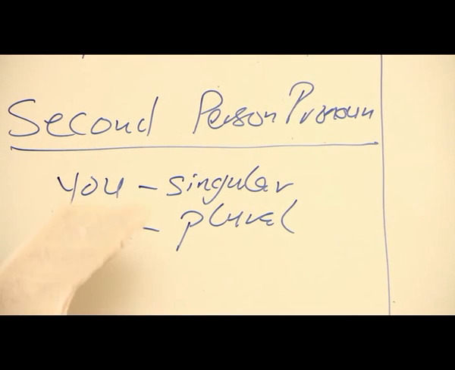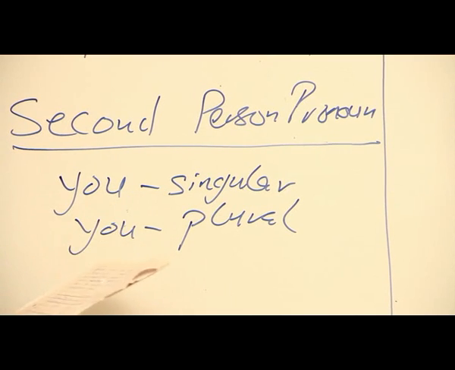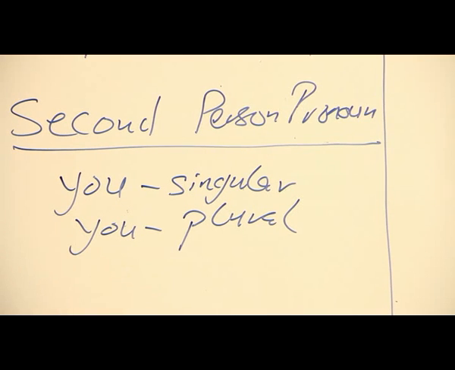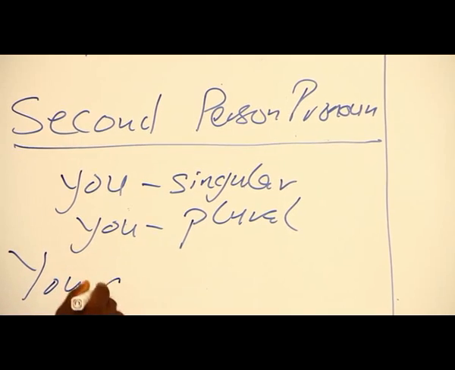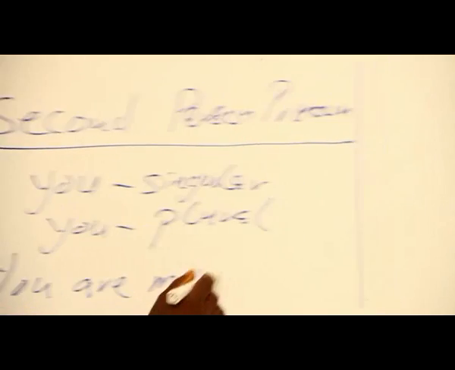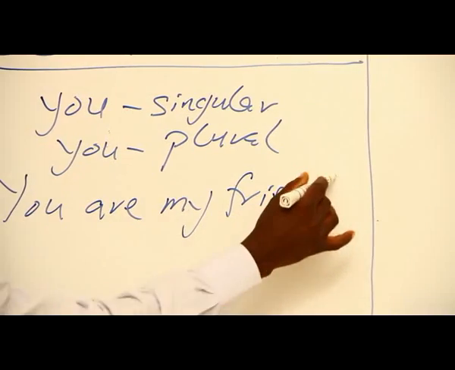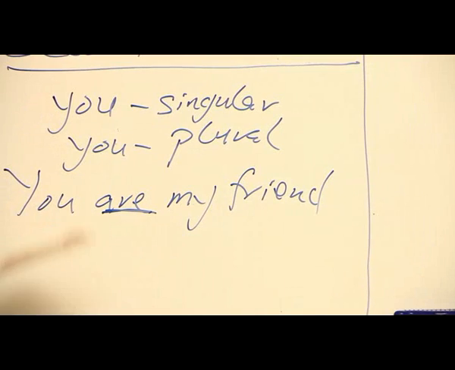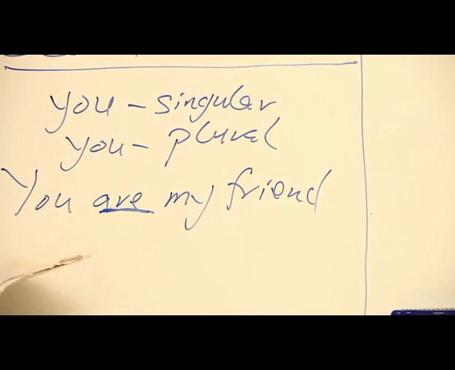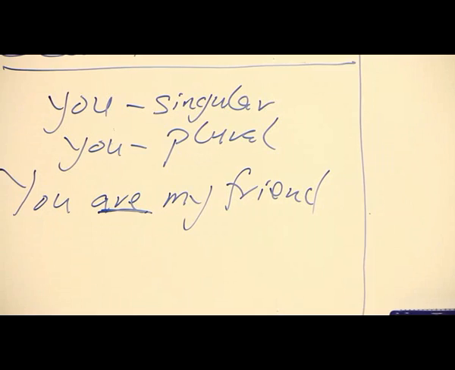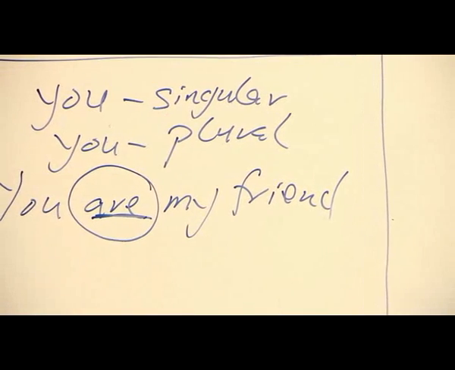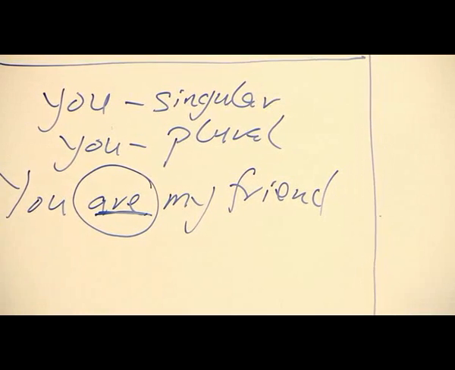However, whether you are using it as singular or as plural, it would take the plural verb. So if we take an auxiliary verb, for example, what we're going to have is you are my friend. Plural. This you could refer to one person, could also refer to more than one person. That is why the second person pronoun you always takes a plural verb, whether auxiliary verb or a main verb.